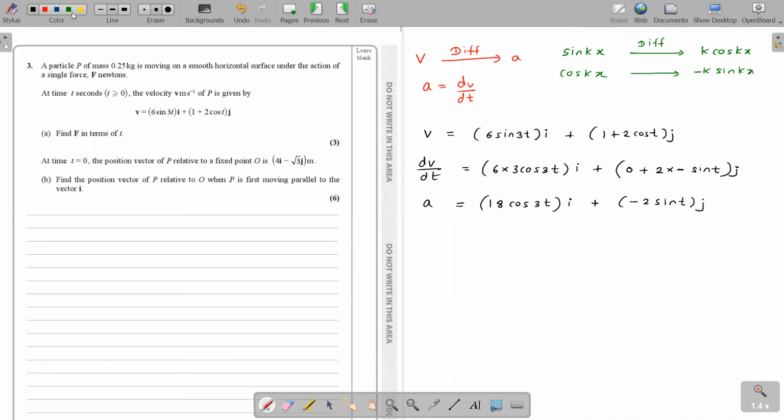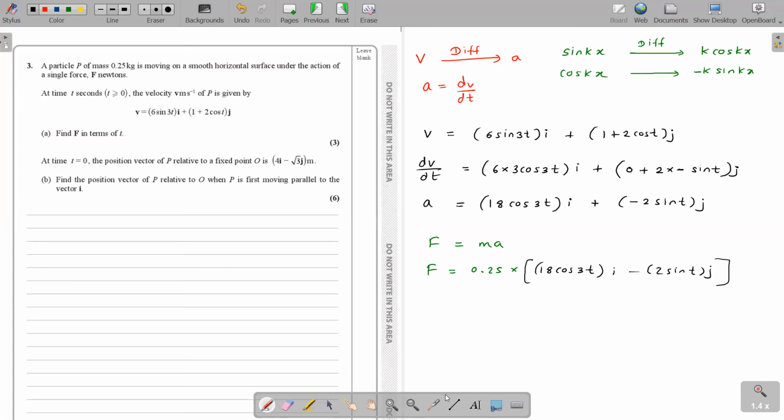Then we'll use the equation F equals ma. So F equals m, which is 0.25 kilograms, times the acceleration: 18 cos 3t times i minus 2 sin t times j.